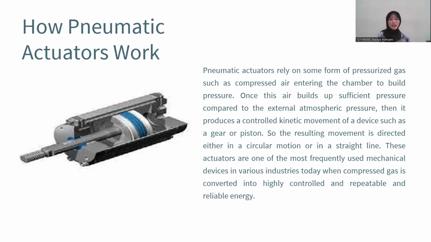So the resulting movement is directed either in a circular motion or in a straight line. These actuators are one of the most frequently used mechanical devices in various industries today, where compressed gas is converted into highly controlled, repeatable and reliable energy.